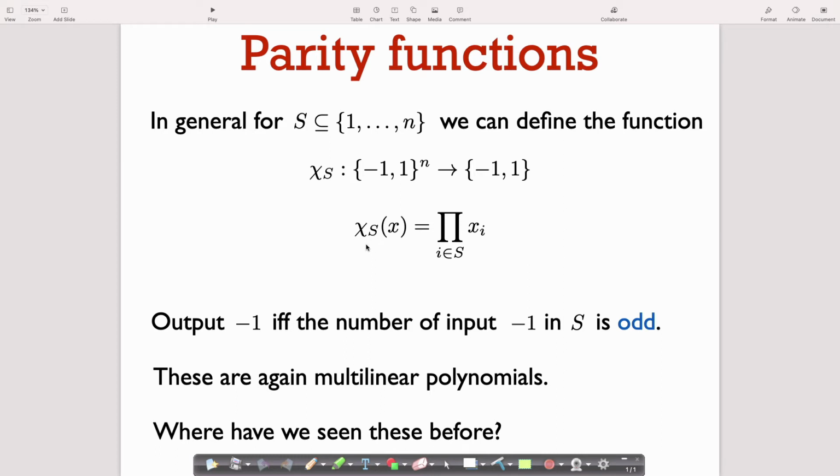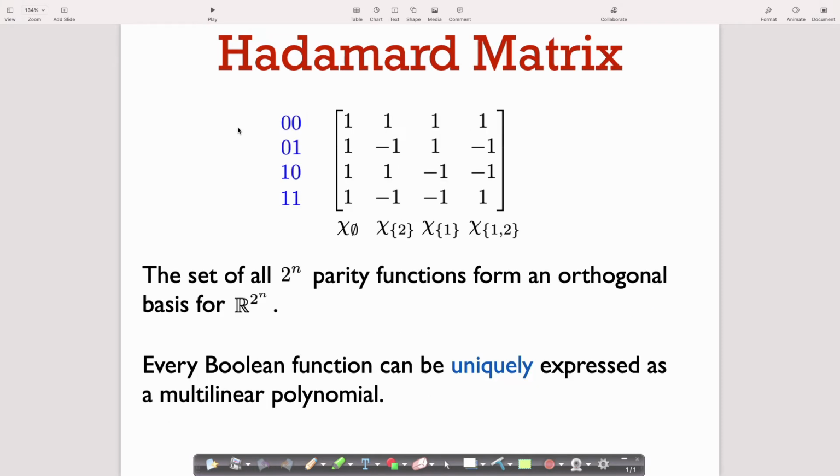Again, this function is very simple to represent by a polynomial. The polynomial is just the product over i in S of xi. So we've actually already worked with these parity functions a lot. They are just the columns of the Hadamard matrix. If here I have all 2-bit strings, and I think of this as bit 1 and this as bit 2, then if I want to know the parity, let's look at this one, the parity of these 2 bits.